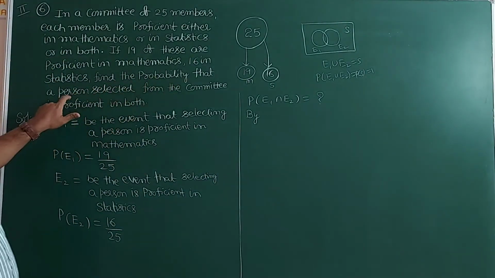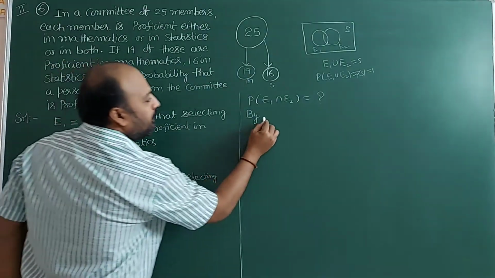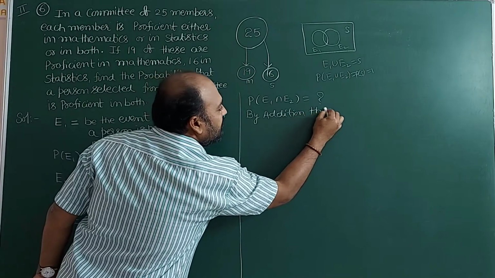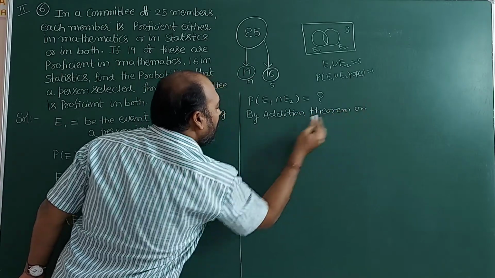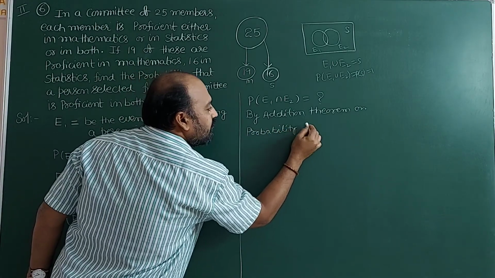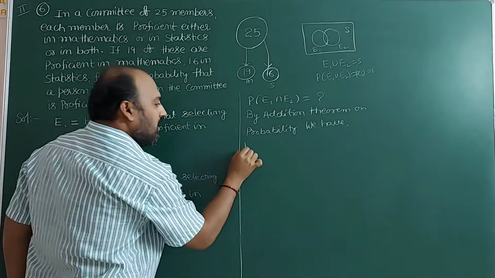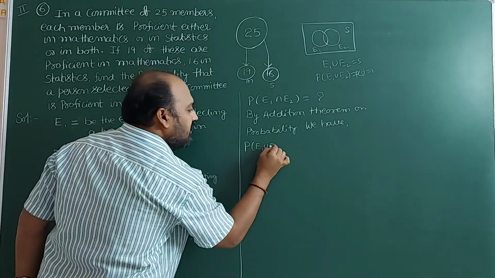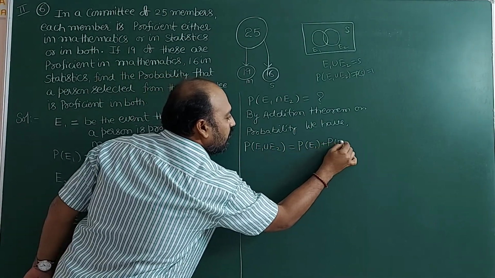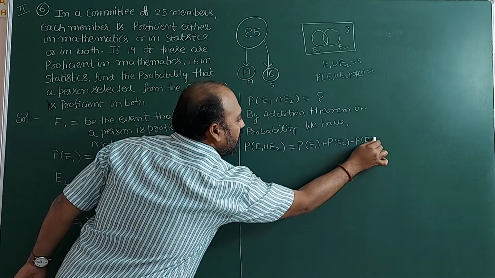the probability that a person selected from the committee is proficient in both. By addition theorem on probability, we have P of E1 union E2 is equal to P of E1 plus P of E2 minus P of E1 intersection E2.